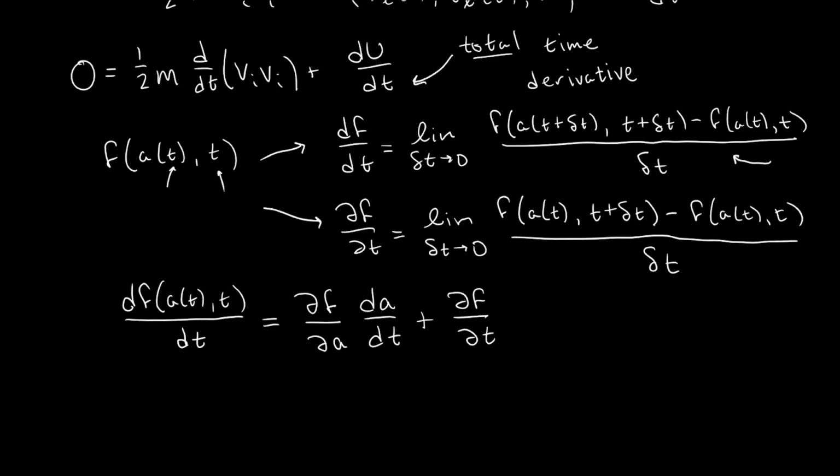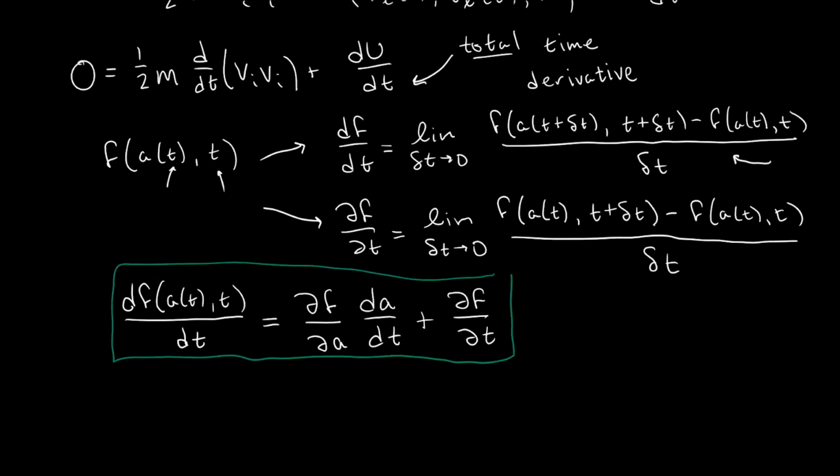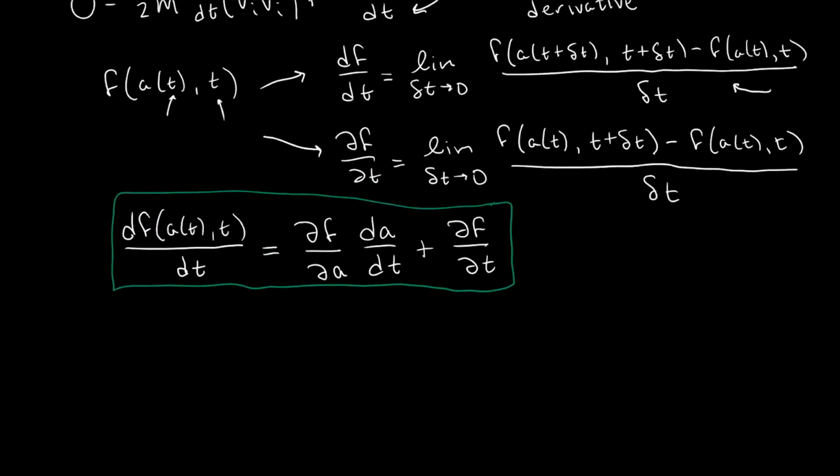Okay, and actually this is going to be a very important thing. I'm probably not going to use it a whole lot today, but later on down the line, this is an important thing to remember, that this sort of modified chain rule exists when I have something which is a function of multiple variables. Okay, so anyway, using that, I can write out du dt.